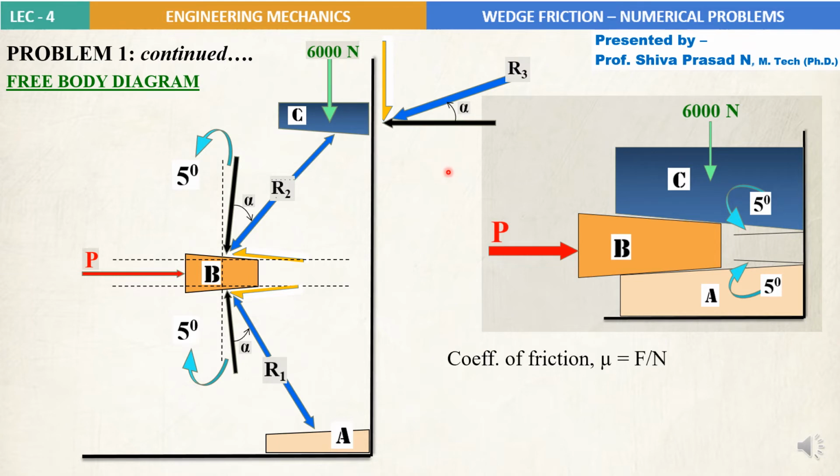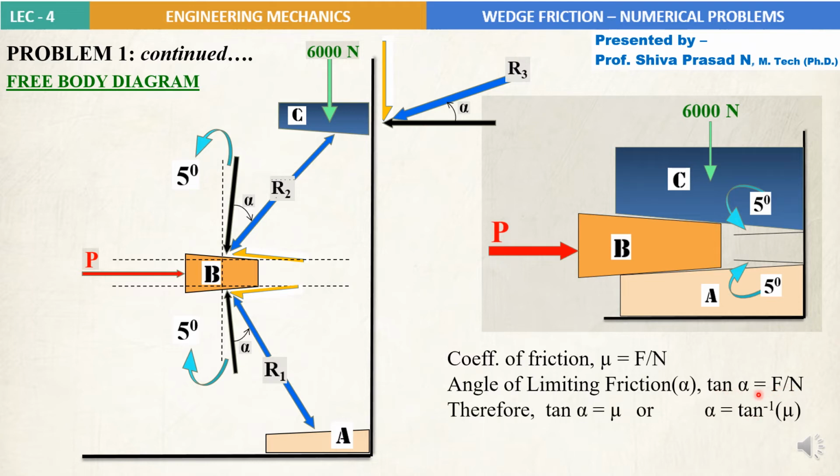Now let's calculate this value of alpha. That's what is important over here in this entire free body diagram. Angle alpha is unknown. Let's use the known equations, that is coefficient of friction mu is equal to F by N. Also we know that angle of limiting friction represented by alpha is obtained by tan alpha is equal to F by N, and therefore, comparing these two equations, we can say tan alpha equals mu, or alpha is equal to tan inverse of mu.